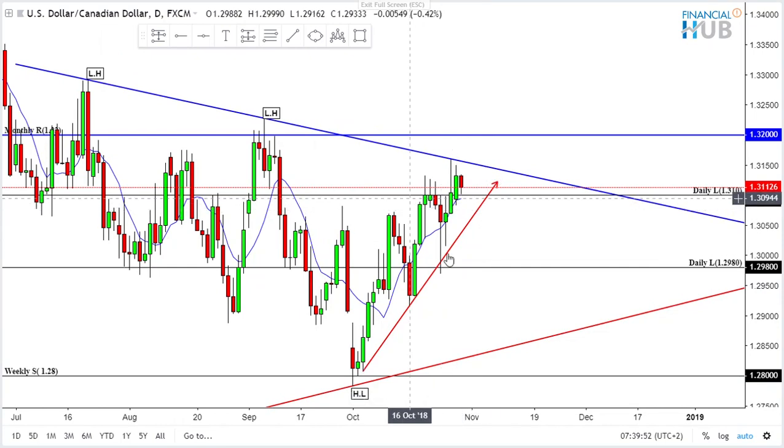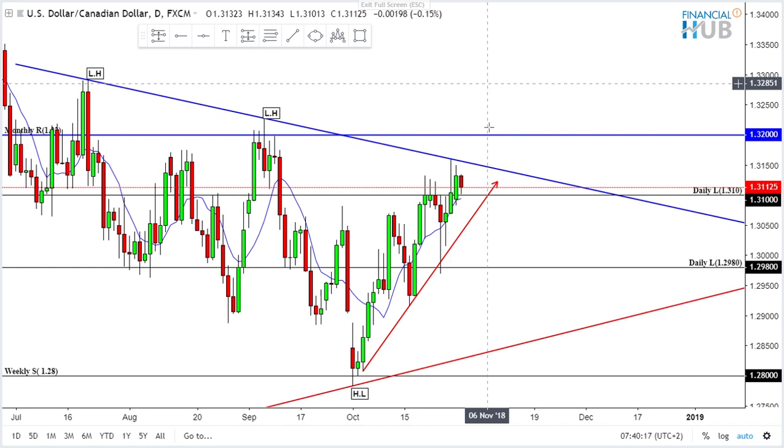Last week we highlighted this probable comeback to this level before going higher, and you can see after the interest rates were released, we had this quick fall before going back higher, and now we have touched this mark, the 1.31 level, and we have touched the trend line. Still some bullish momentum coming in, and yep, I think we'll be going higher to touch the 1.32. I think we'll get a break of the 1.32, and probably even go higher.